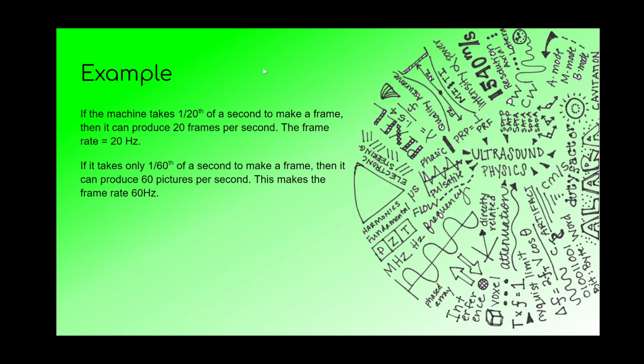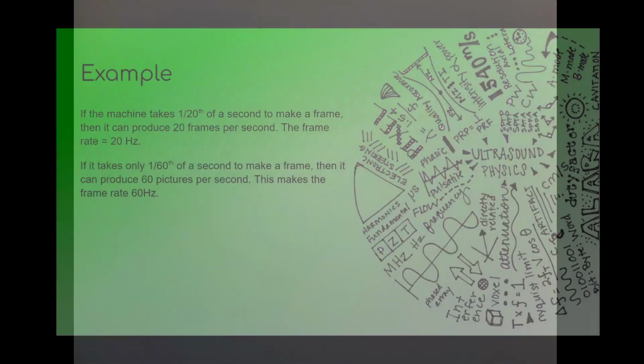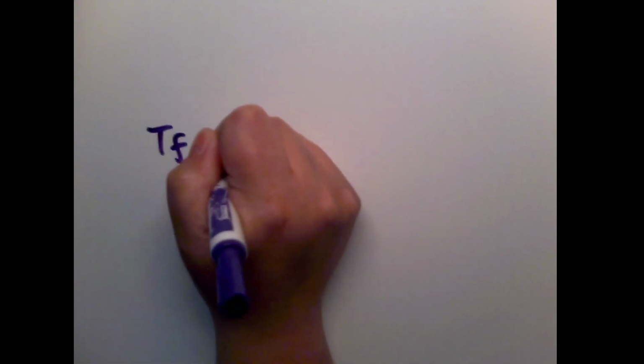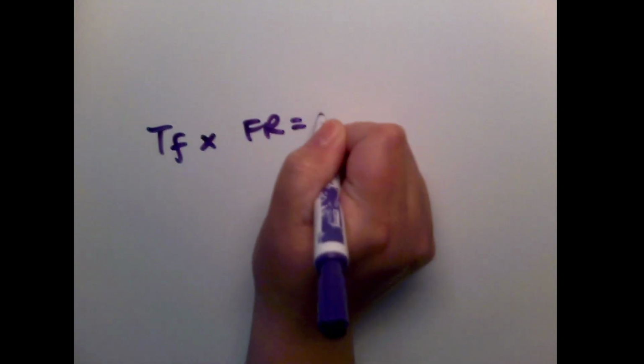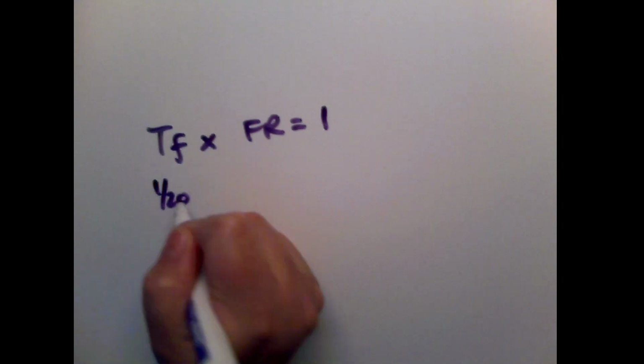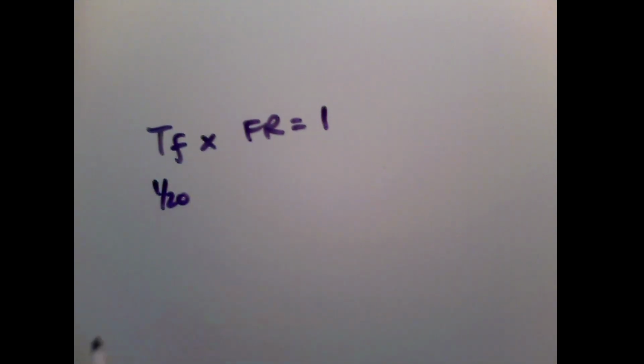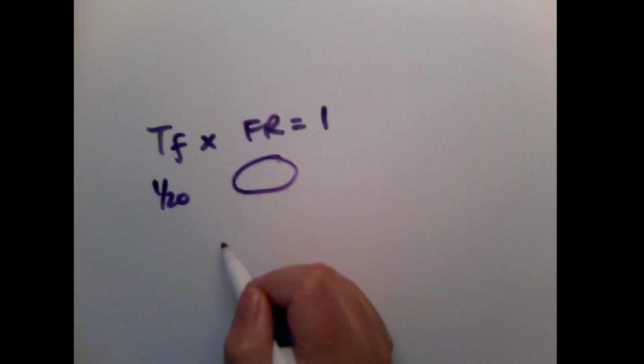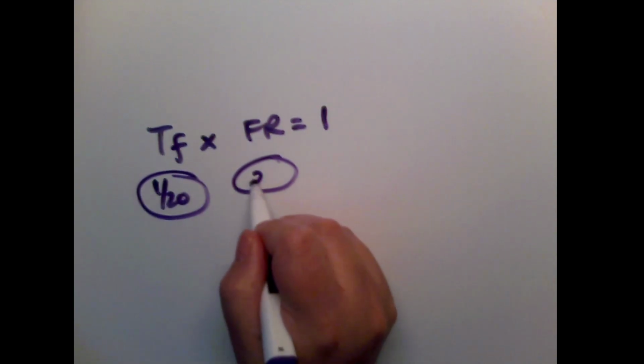So let's take a look again back at the whiteboard, just looking at using our T-frame multiplied by frame rate equals 1. That's all we're doing for those examples. It took 1/20th of a second to make one frame. We know then that our frame rate is just the reciprocal of this, which is 20.